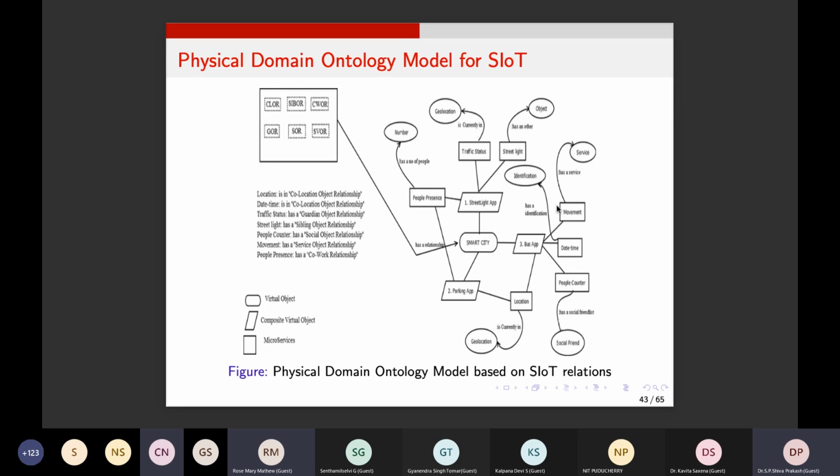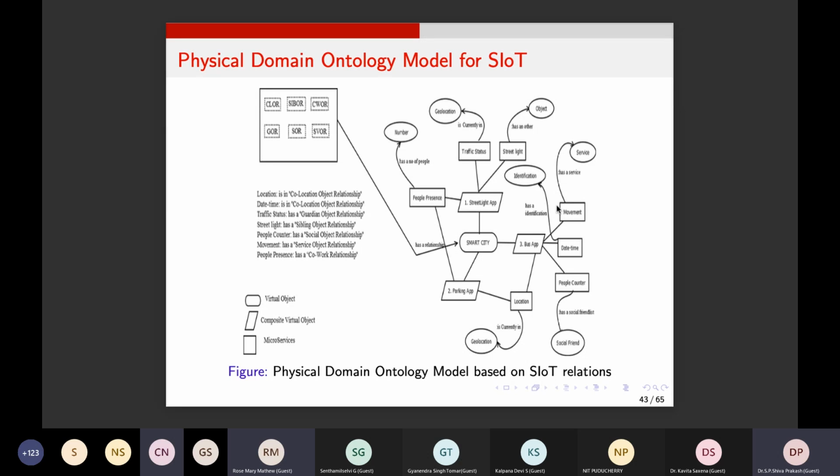So we are trying to provide a set of services in domain ontology specific to some applications, right? We try to find the relationship among the devices, and how those devices are connected, what type of social relationship it has.